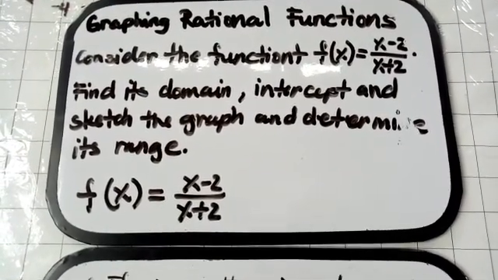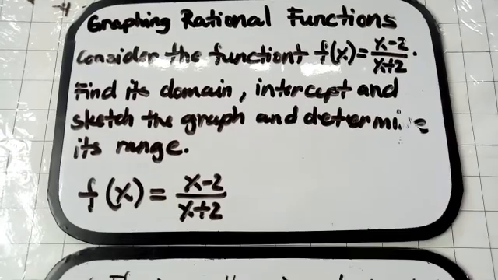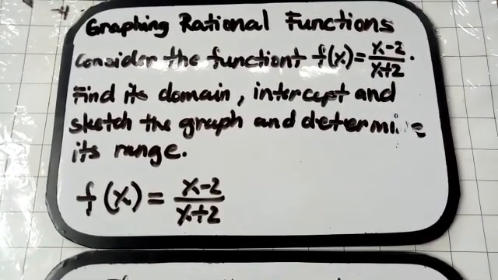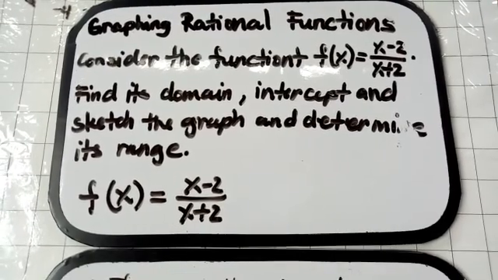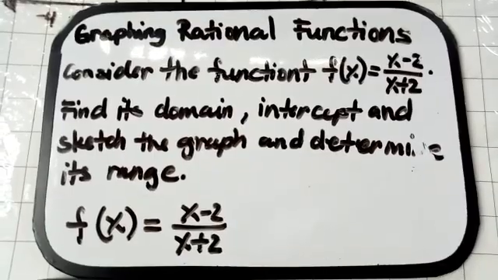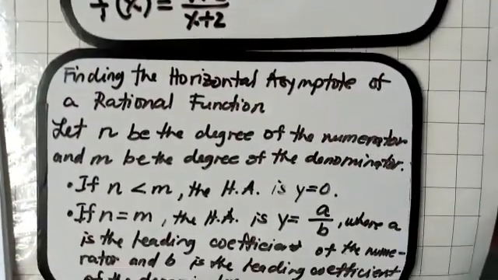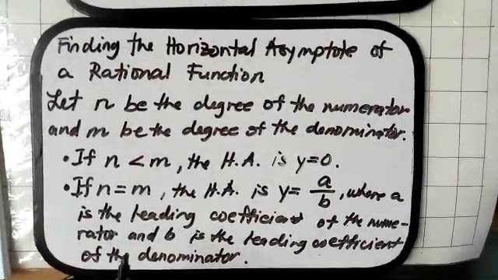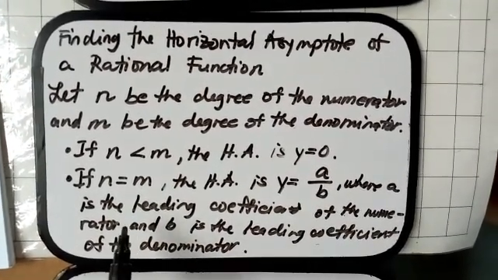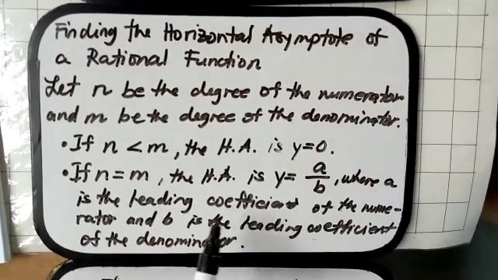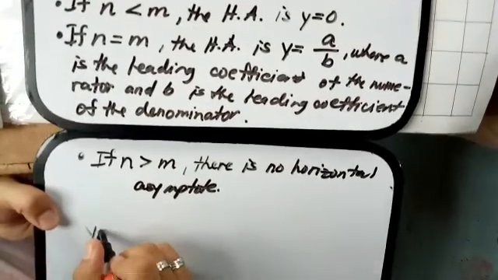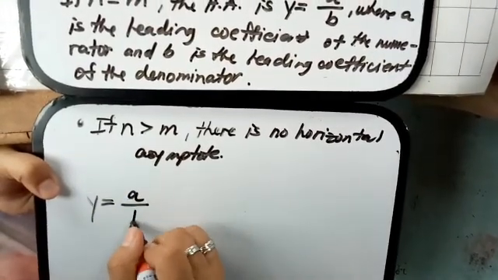Same first degree, so that is case number 2, where n is equal to m. Therefore, the horizontal asymptote will be y equals a over b.